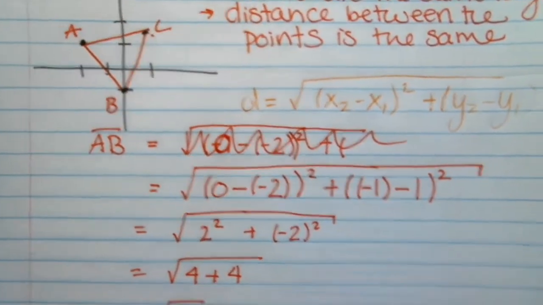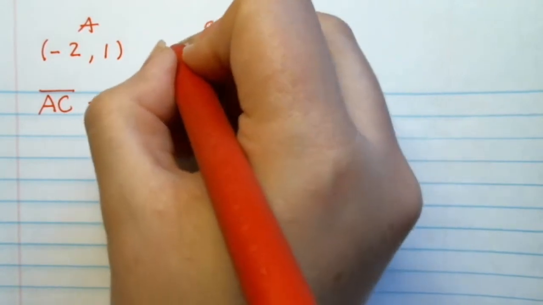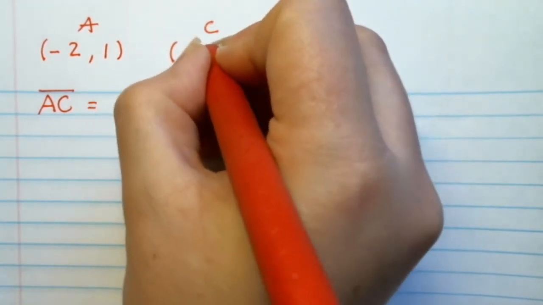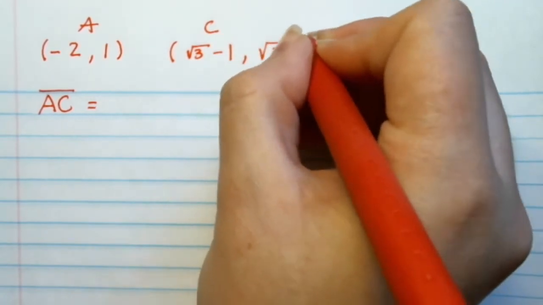So let's look at the other line segments and see if we get the same length. That was the line segment AB, so let's look at AC. When we're looking at A and C, A was (-2, 1) and C was (root 3 minus 1, root 3).